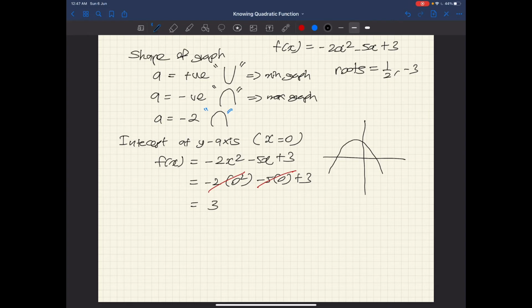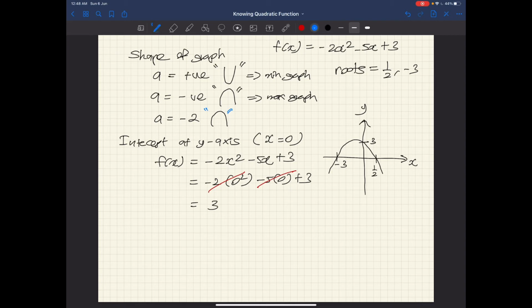Okay, let's call this point 3. This is a simple sketch, it's not to scale, just to remind you guys. And then you have your roots. So here will be 1 over 2, and here would be negative 3. This would be y, and this would be x. I would like to remind you again how you can visualize this graphically.